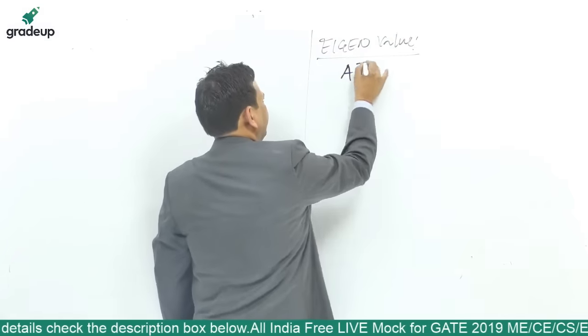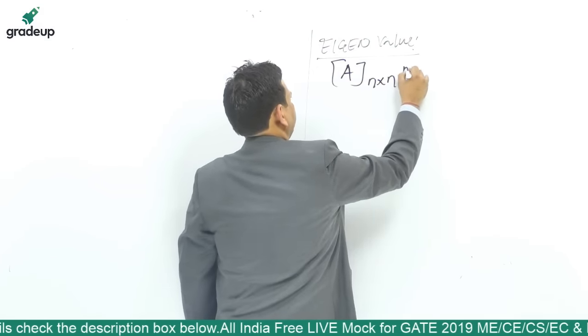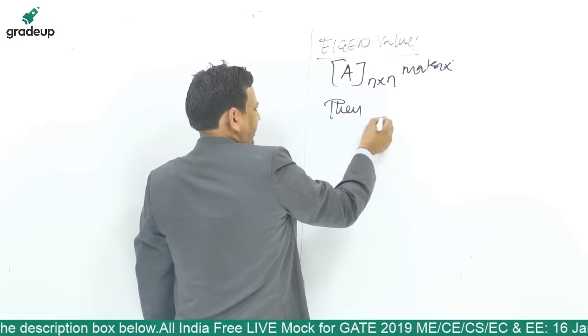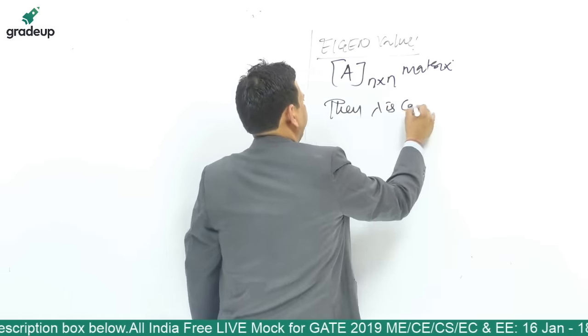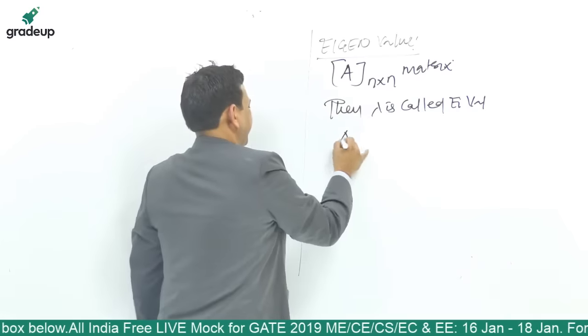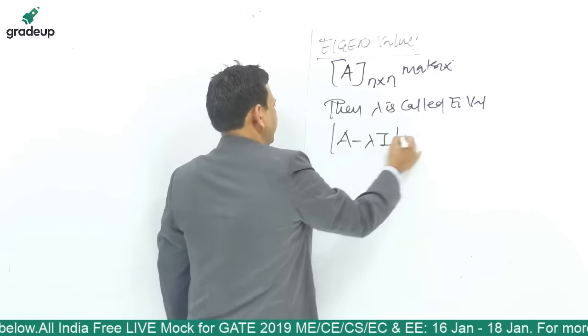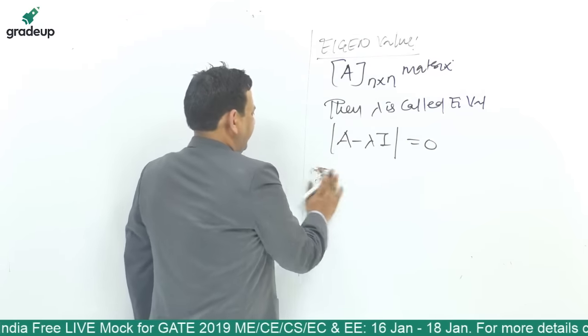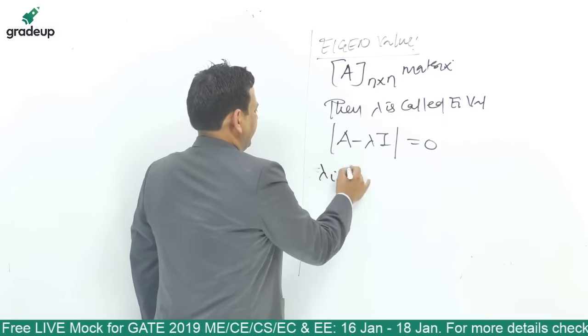Suppose A is an n cross n matrix. Then lambda is called an eigenvalue if the determinant of A minus lambda I is equal to 0.